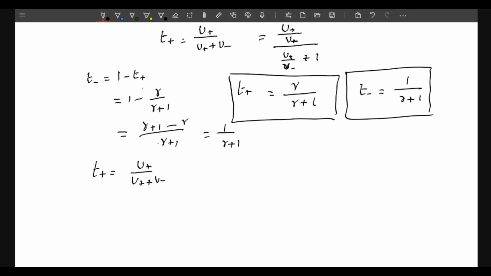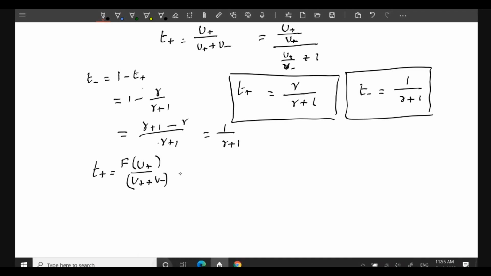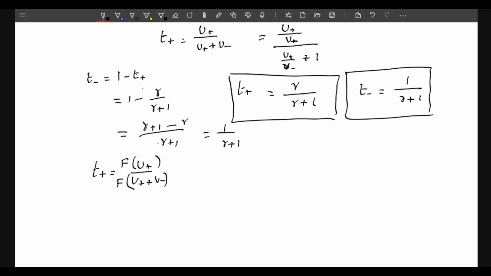Multiply both numerator and denominator by F. This is nothing but the lambda of the cation at infinite dilution.